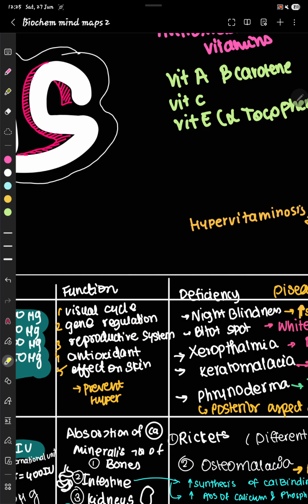So that is actually helping in the functioning of the reproductive system, and it acts as an antioxidant. We said that beta carotene acts as an antioxidant. It has effects on skin. We said that it prevents keratinization of skin and prevents phrenoderma.